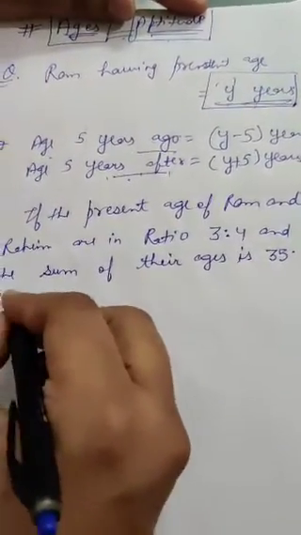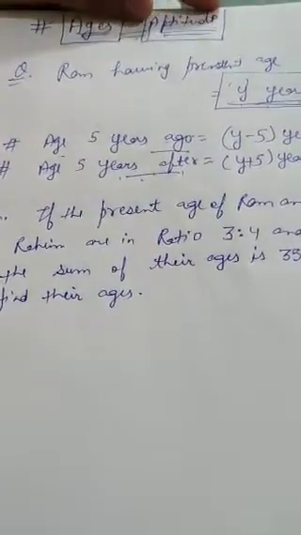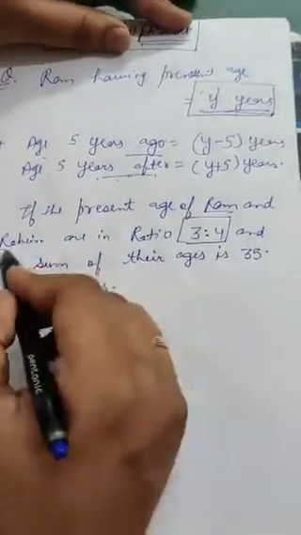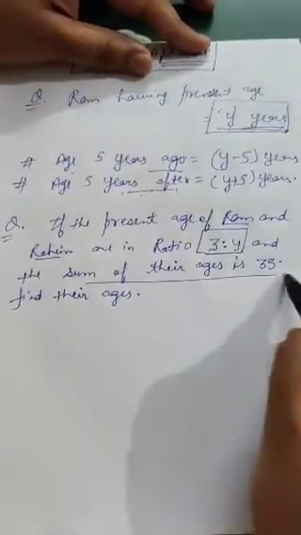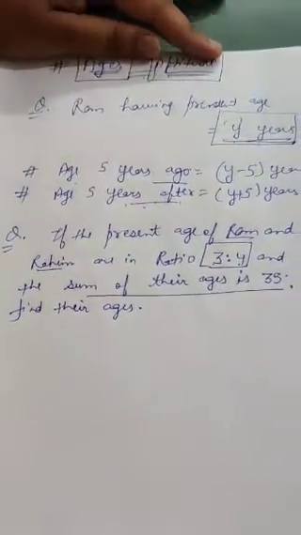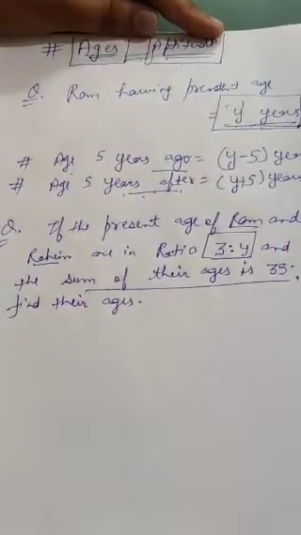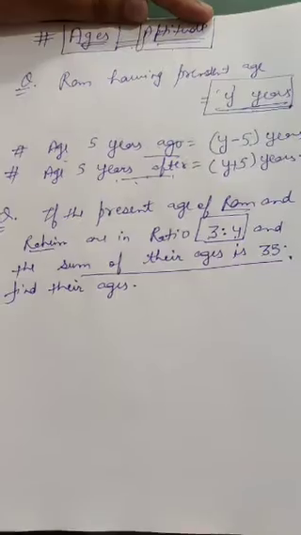Find their ages. The ratio of Ram's and Rahim's ages is given as 3:4, and the sum of their ages is 35, and we have to find out their ages.